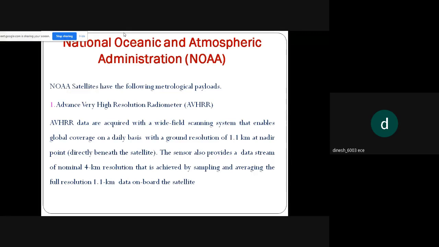Nadir Point is the point on the Earth directly beneath the satellite. The sensor also provides a data stream of nominal 4 km resolution that is achieved by sampling and averaging the full resolution 1.1 kilometer data on board the satellite. We will see what this resolution is in the further classes, so we will not bother about that now.